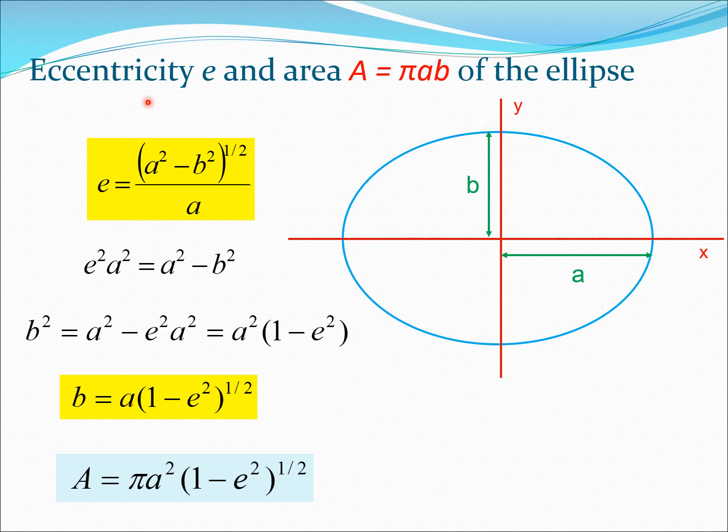Now there is one more formula which we are going to use, and that relates the eccentricity with a and b, which is given in this yellow box here. Now what I do is I simply square both the sides, so I get e square a square is a square minus b square. I can then write b square in this manner. So this will tell me that b equals a into 1 minus e square to the power half.